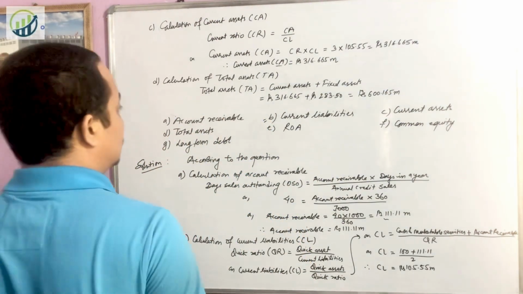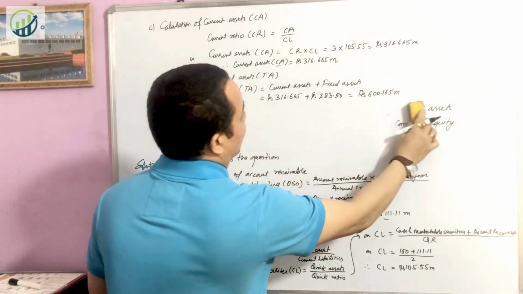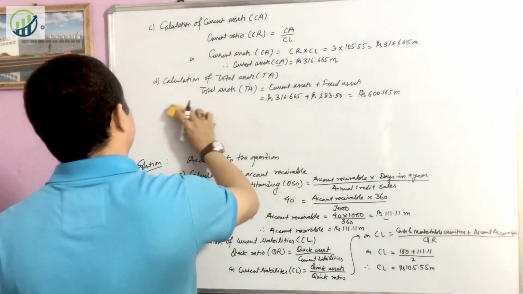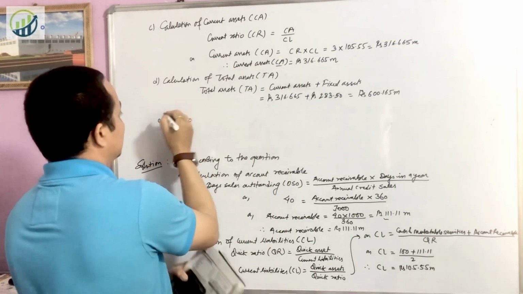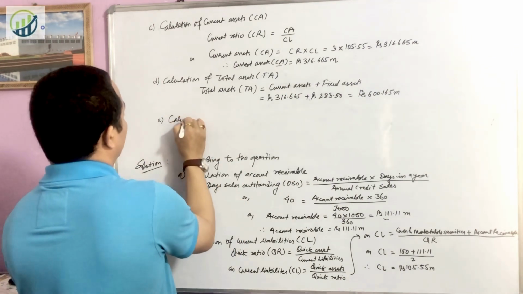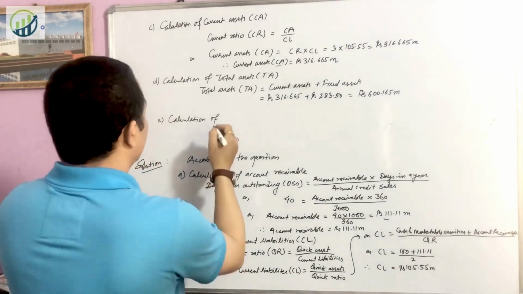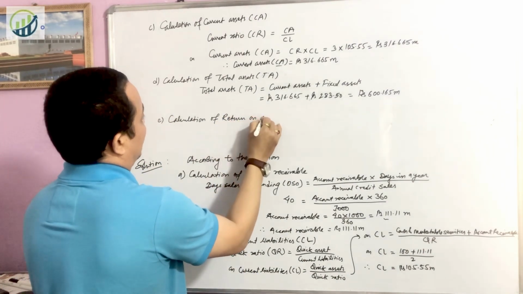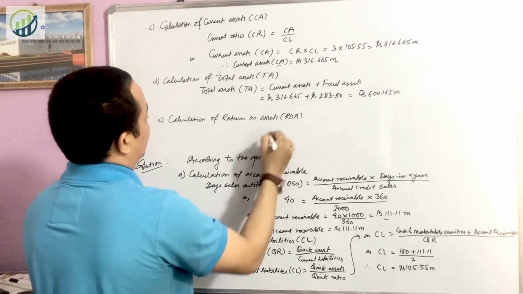Now after you find the total asset, you have to find the return on asset. Next is the calculation of return on assets, that is ROA.